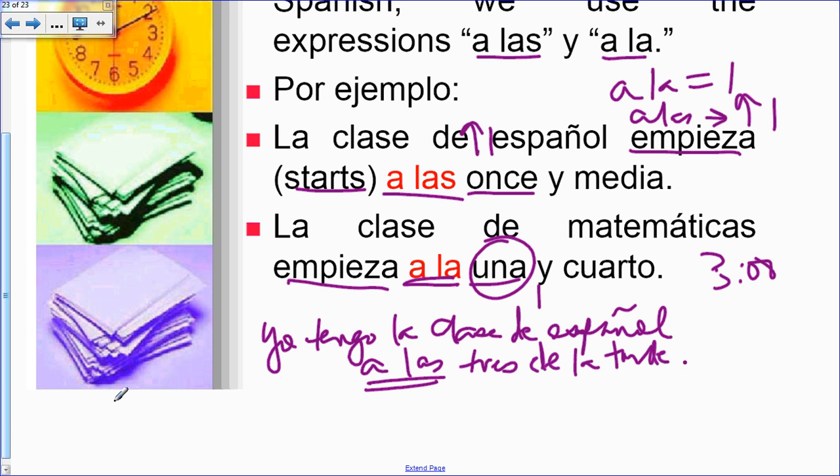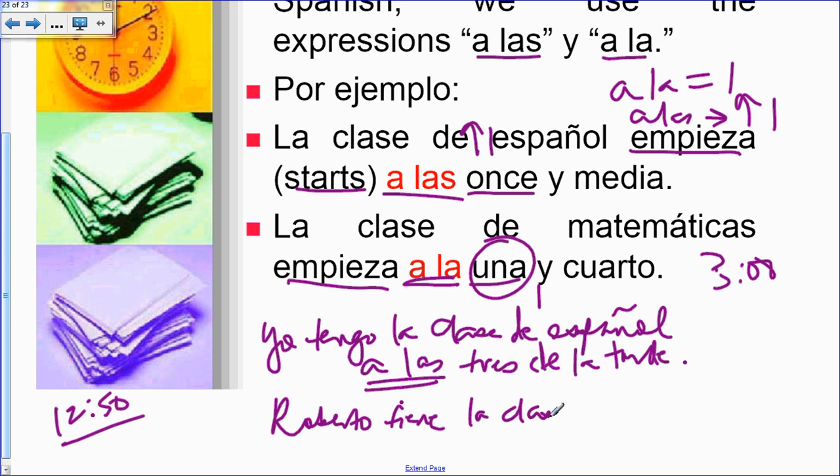If I want to say Roberto has Spanish class at 12:50, I'm going to say Roberto tiene la clase de español. Now remember, over 30, we got to round up.